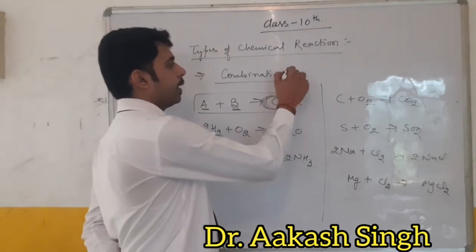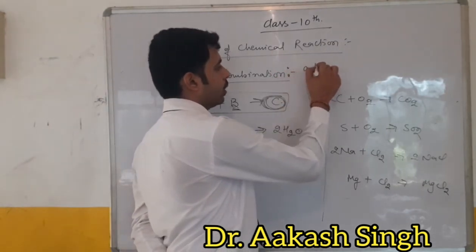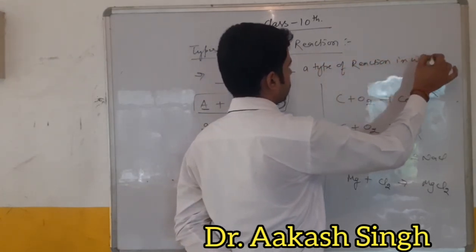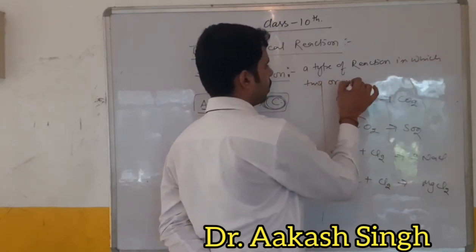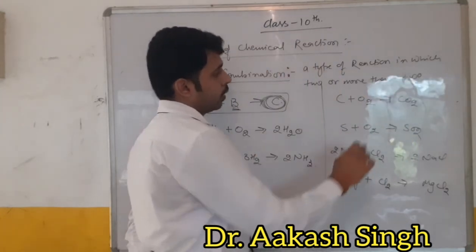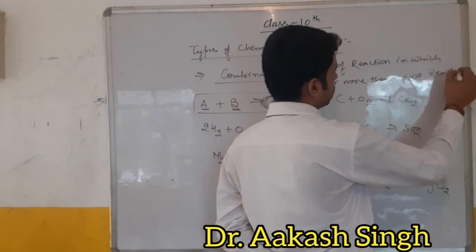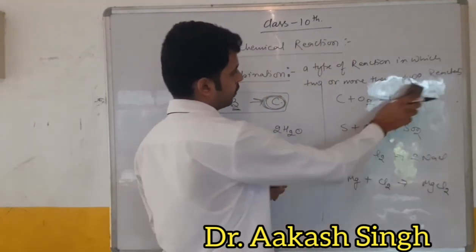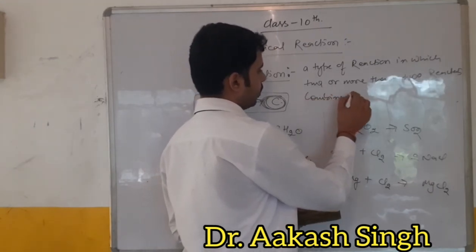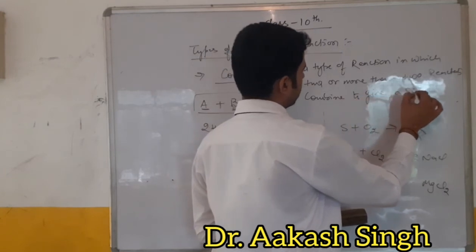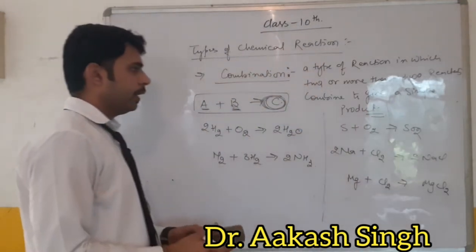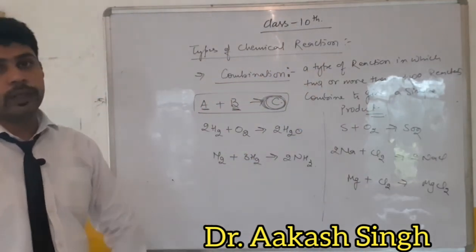So we can define combination reaction as a type of reaction in which two or more than two reactants combine to give a single product, and all the properties of that product must be different from the reactants.